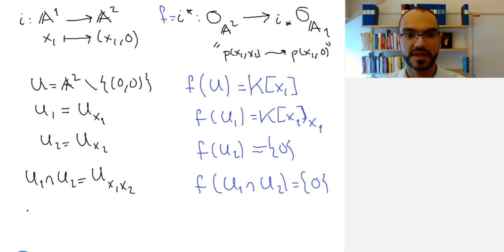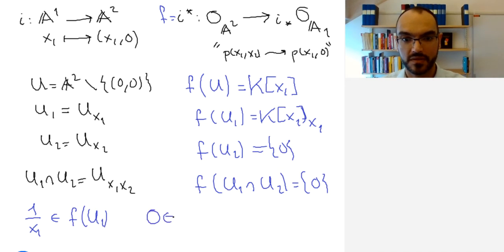And so, for example, the function 1 divided by x1 is in the image of U1, and 0 is in the image of U2. Both agree on the intersection because the intersection is the trivial module.